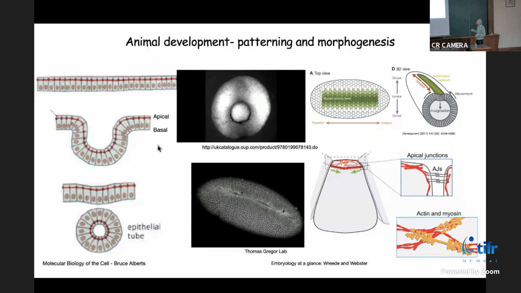Now I'm going to show you two videos. One video is of the Xenopus embryo, which is going to depict the formation of the neural tube. The neural tube is the precursor of the brain eventually, in simple words.